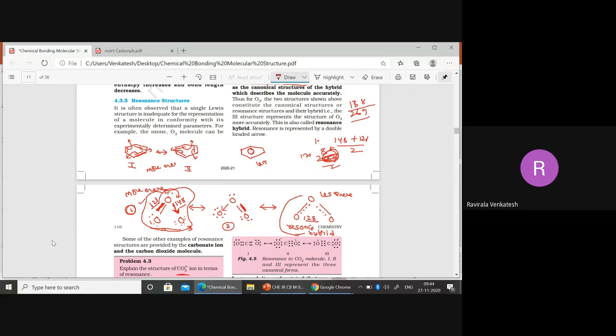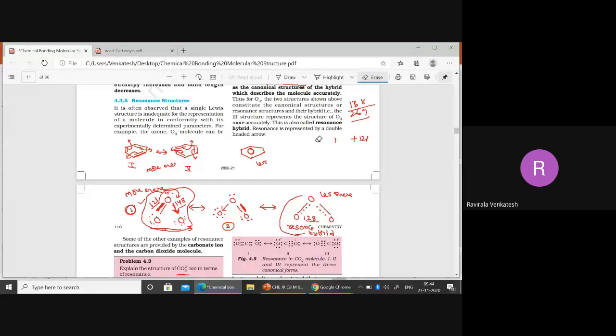But we are not taking the average value, beta. 138 is the average value, but we are not doing any mathematical operations. We are taking the experimental result. The experimental result is giving an average value of 128 picometer.